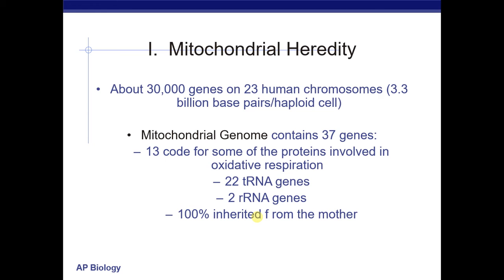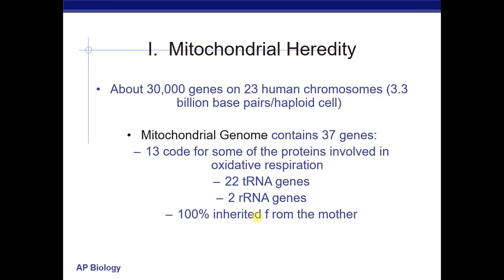I think that's really interesting. So when we talk about it, if we were looking for traits associated with mitochondrial heredity, we would only see them passed on from mother to offspring. Okay, so that's kind of it for talking about non-Mendelian inheritance.